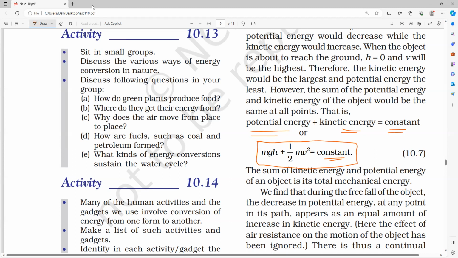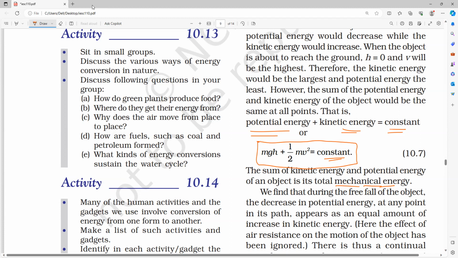In the sense that energy can neither be created nor destroyed, but it is transformed from potential energy into which energy? At every point, it is transformed from potential energy to kinetic energy. That is what you have to remember. I hope everybody is clear. Anybody having any doubt can ask me.